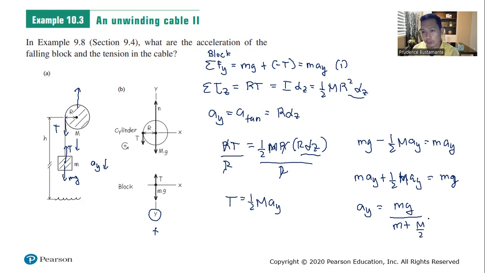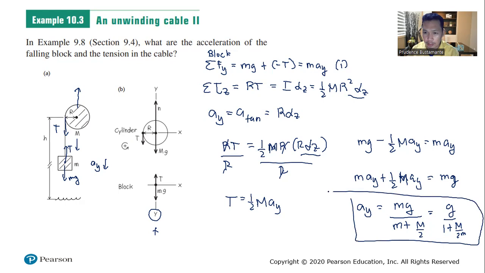Or we can write this as g over 1 plus M over 2m. So that is the acceleration of the falling block.